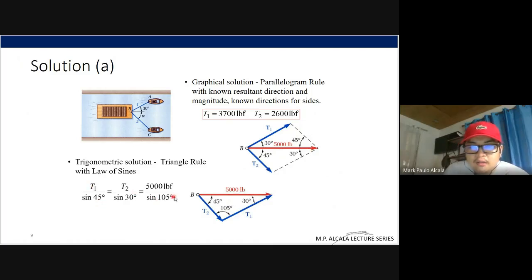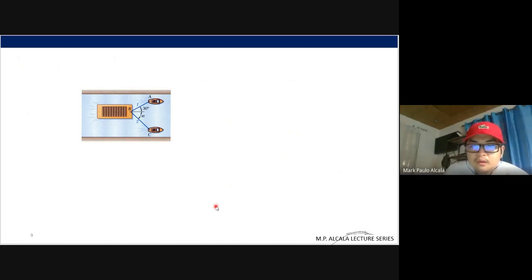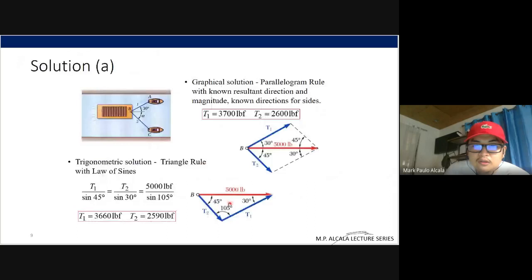So T1 over sine 45 degrees, the opposite angle, is equivalent to T2 over sine 30 degrees, the opposite internal angle. So solving further, we get the resultant is 5,000.